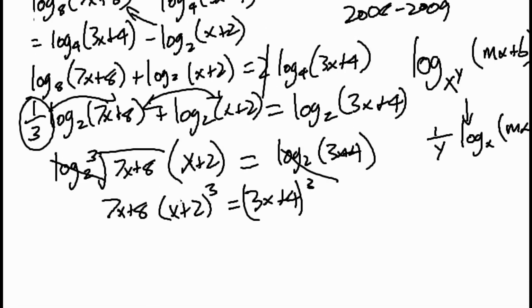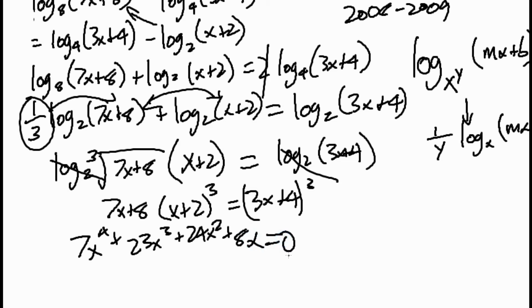I think the polynomial we get is x to the fourth plus 23x cubed plus 24x squared plus 8x equals 0. If you guess and check a possible root, you first divide the whole thing by x, and then one of the roots is -1.